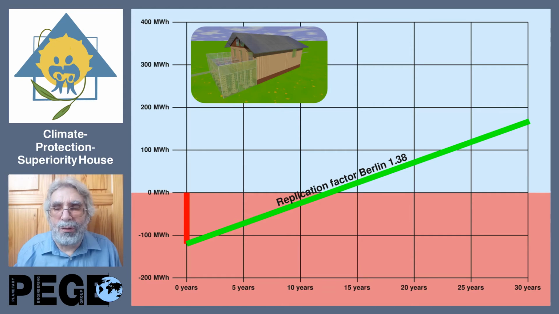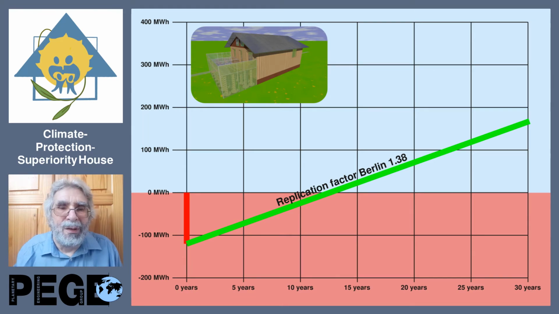Now let's look at the replication factor. This is the new p-value. This replication factor tells, we used up 120,000 kilowatt hours to build the house. So at the start we are in the negative.